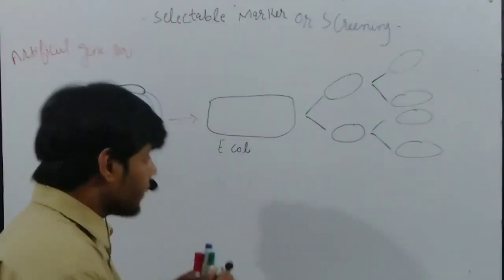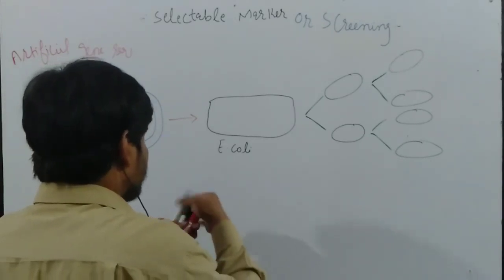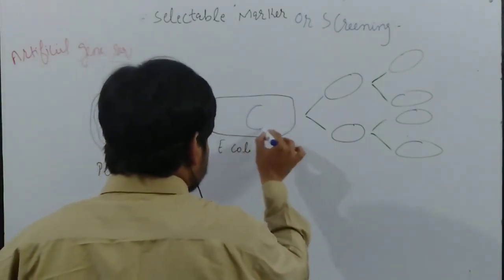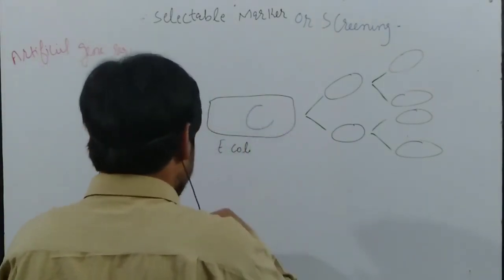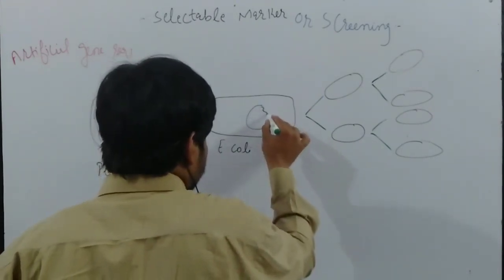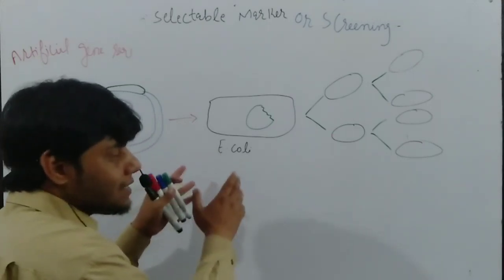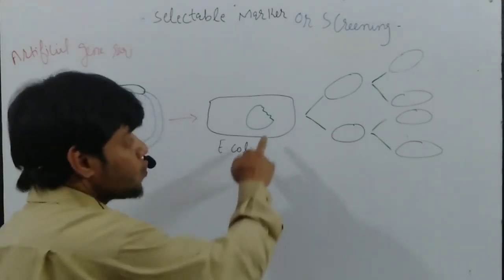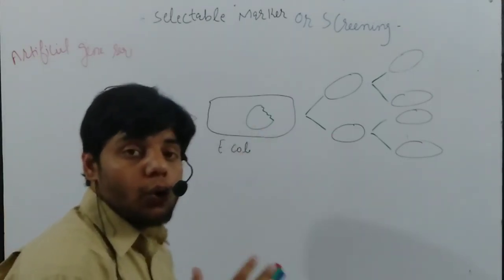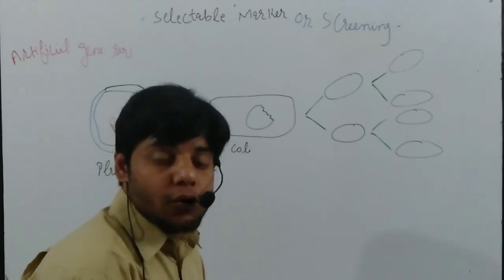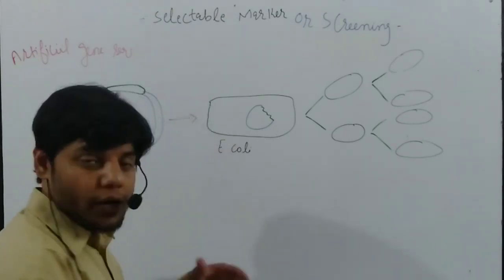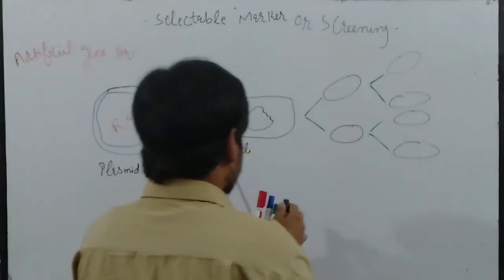Let's say this bacterial cell contains our gene of interest, so this is a vector and this is our gene of interest. Whenever the bacterial cell is growing and dividing, our gene of interest is also growing and dividing. It is replicated, transcribed and translated.